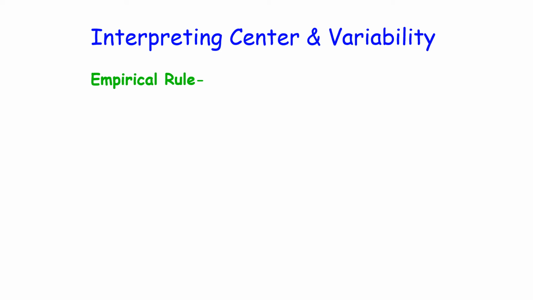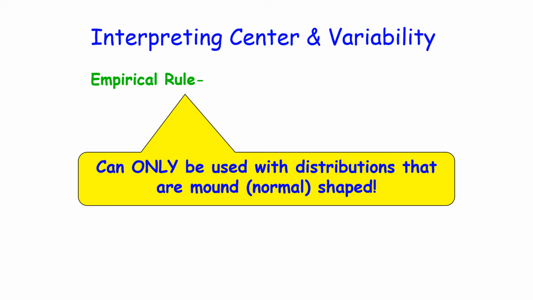Let's talk a little bit about interpreting center and variability. The empirical rule can only be used with distributions that are mound or normal shaped, which is why Chebyshev's is nice because it will work with any distribution. But if our distribution is mound or normal shaped, the empirical rule is going to give us a much more accurate answer here.